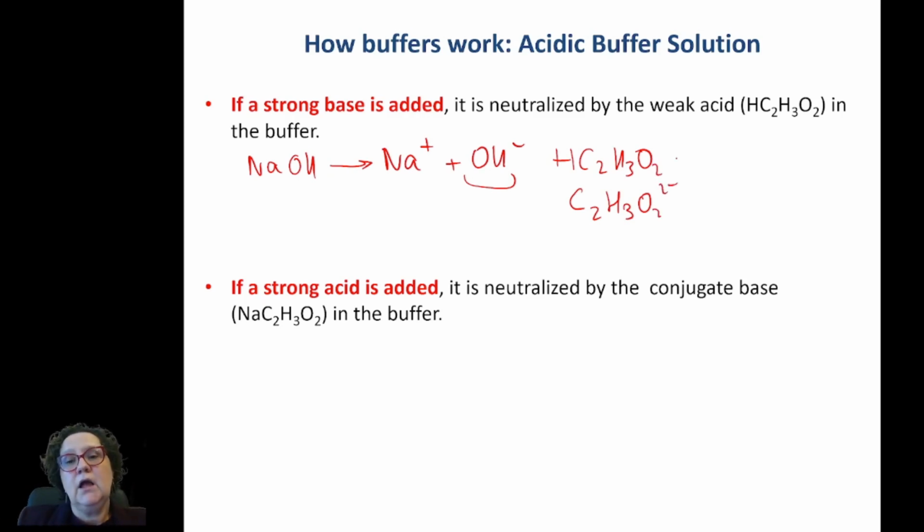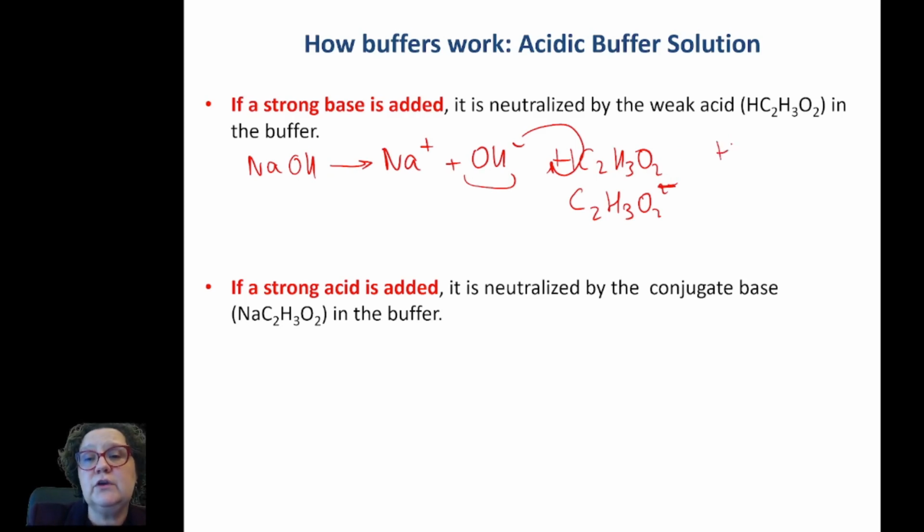Well, an acid can react with a base. We have generated hydroxyl ions, which are basic anions, and they could react with the acid. So they could react with a part of the acetic acid.